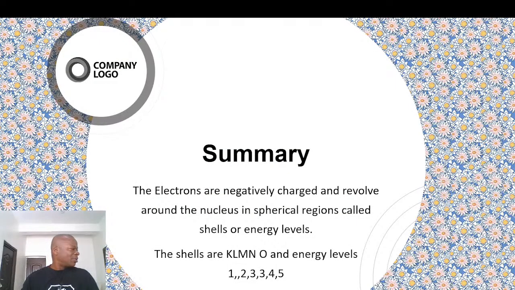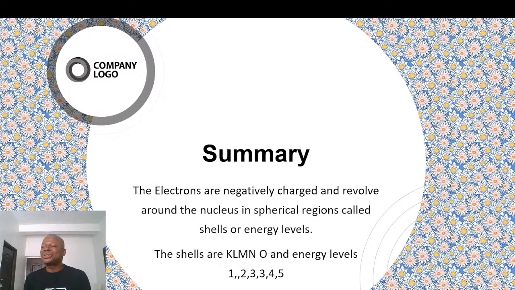Because of our time, we may not take so much elaboration, but I've been able to tell you about the different orbitals, s orbitals, p orbitals, d orbitals, and how you can get the maximum number of electrons in each of them.